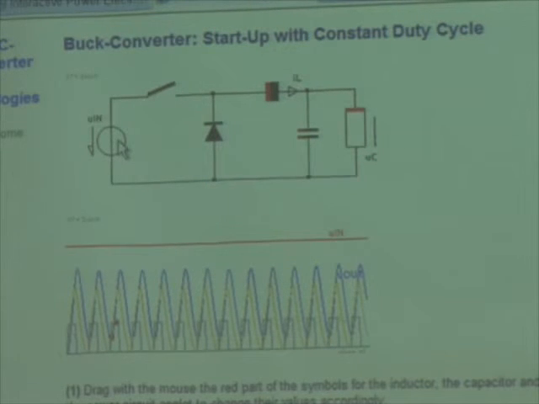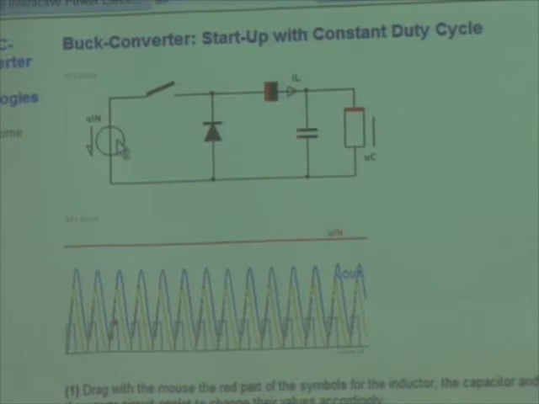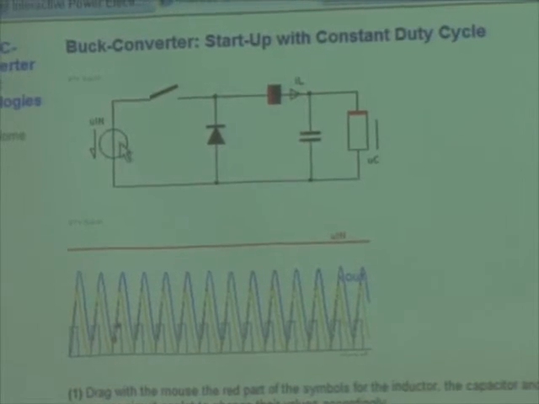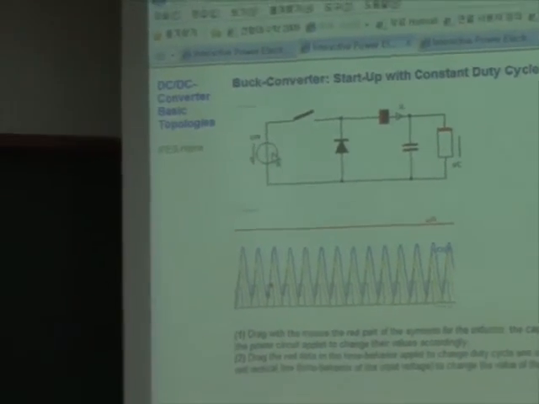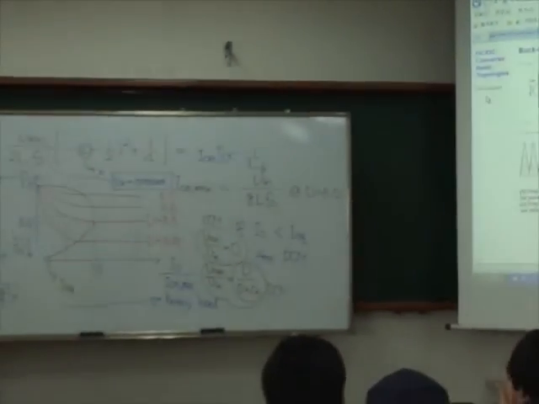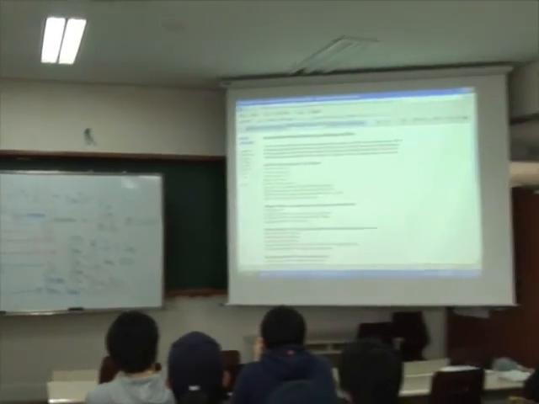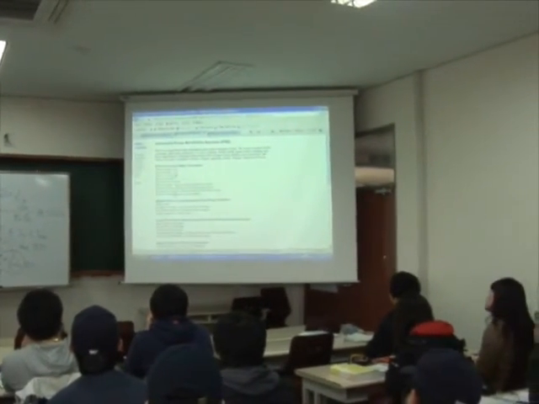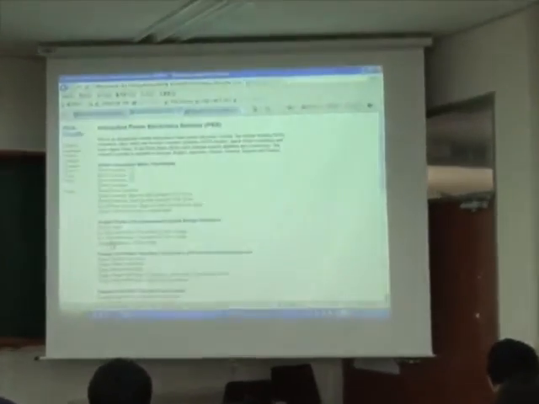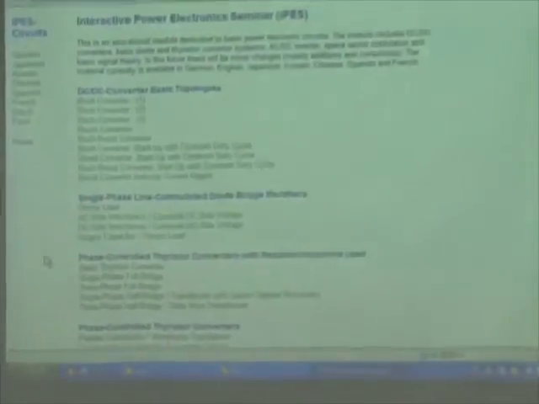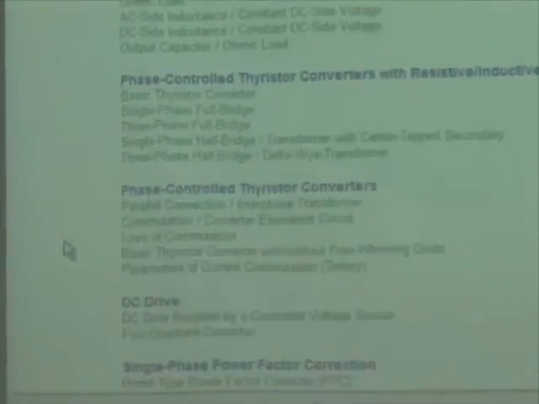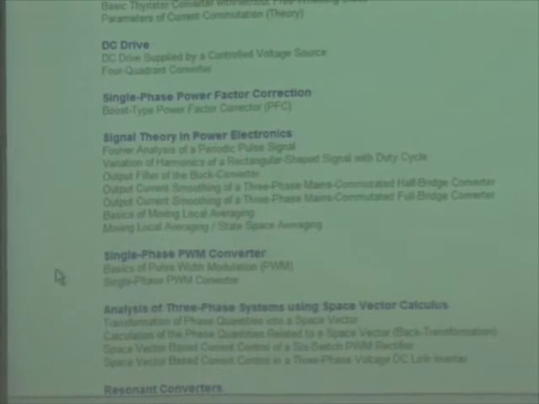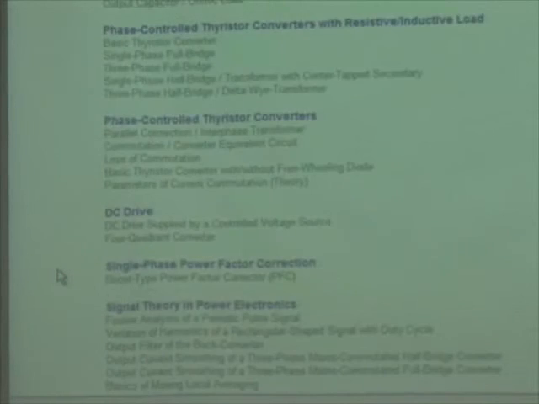I'm going to upload this tool on the homepage so everybody can play with this. As you can see on the homepage, we have a lot of different kinds of circuits, and also the rectifier and the thyristor and some PWM, many different kinds of things.